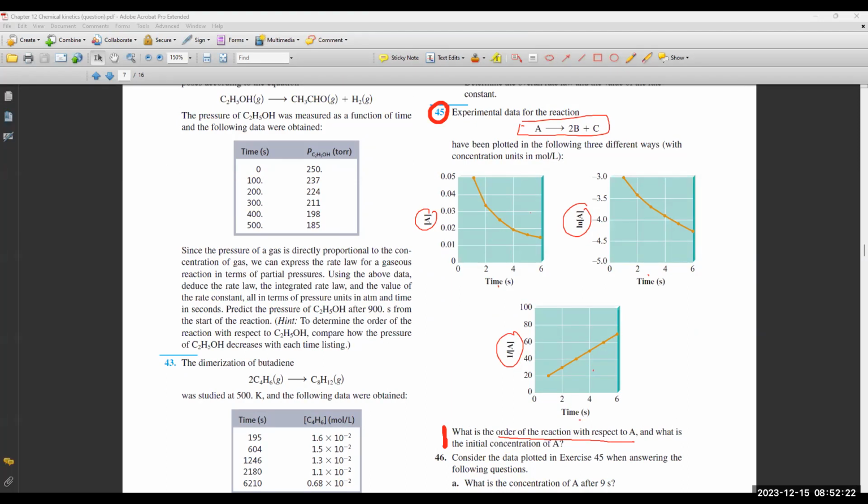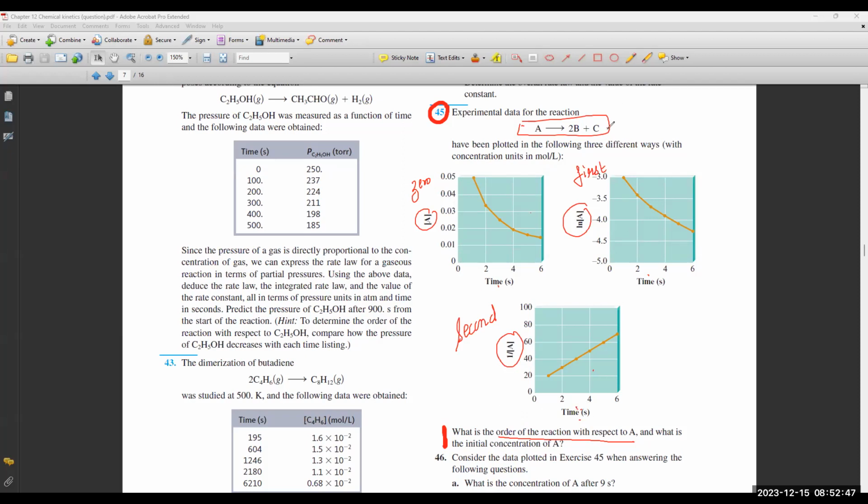Any one of you answering? Can you see the question? This is 0. This is first. This is second. Which one is the straight line? This one, right?